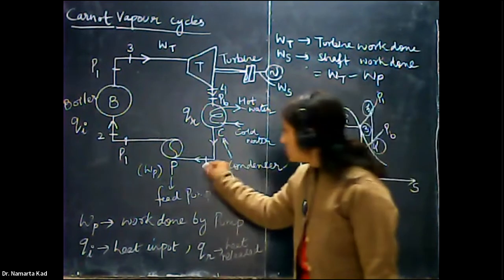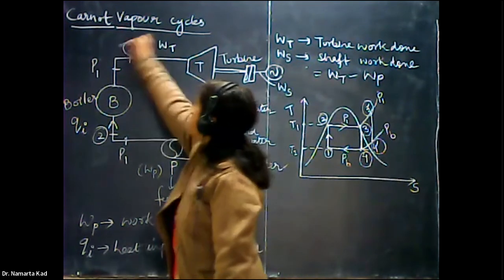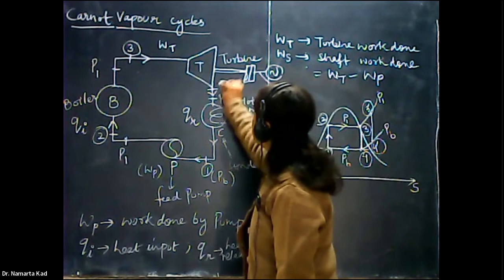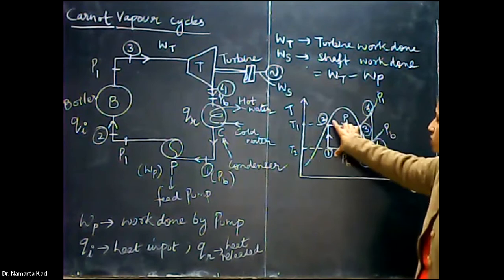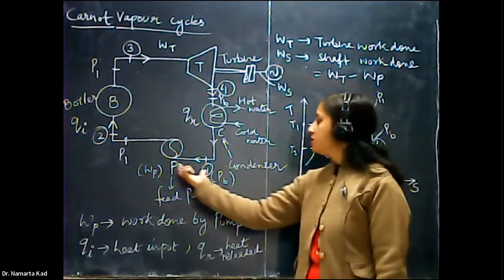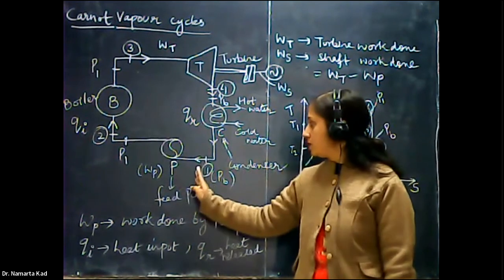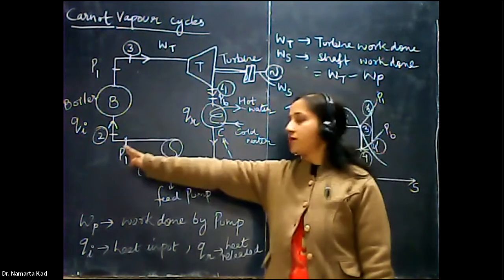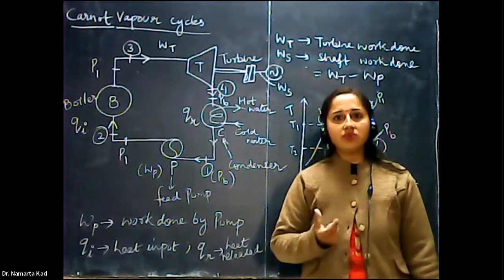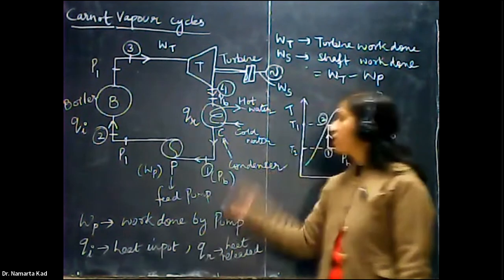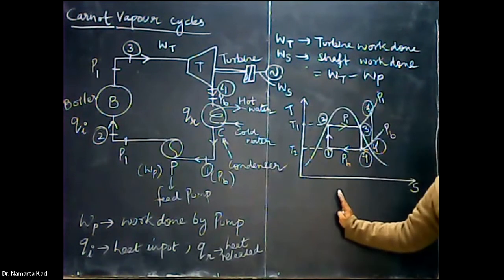Here it is 1, this is the stage 2, this is the stage 3 and this is the stage 4. So what is the meaning of 1, 2? The 1, 2 stage means the process done by the pump. That is, one is on this side of the pump and second is on this side. Then in the stage 1, 2, what are the different processes that take place? That we have to study accordingly side by side in this figure and in this curve also.